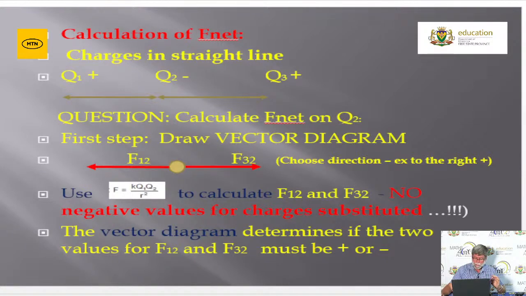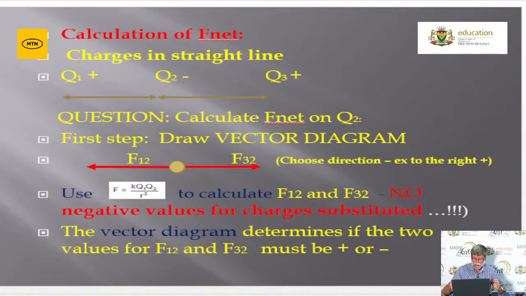Only the magnitude of the values, because the negative sign can put you on the wrong track. And if your answer is negative, you can't derive anything from the fact that you get a negative value for F. And it is wrong. No substitution of negative charge values into Coulomb's law.